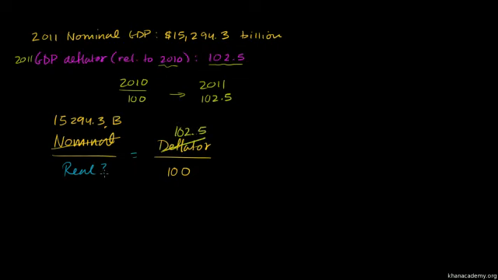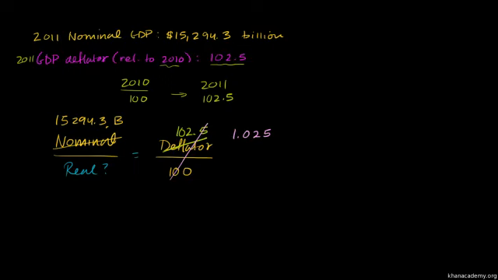And then we can just solve for the real GDP. The 102.5 over 100, you might be able to do this one in your head, just becomes 1.025. So you have this 15 point something trillion divided by the real GDP equal to 1.025, and you can divide both sides by 1.025 and multiply both sides by the real GDP.